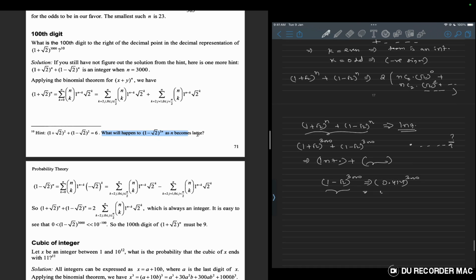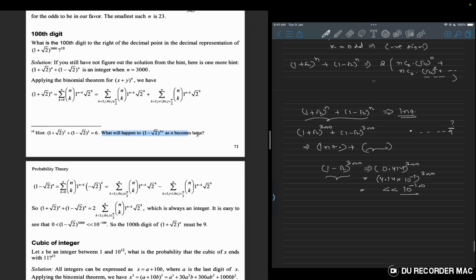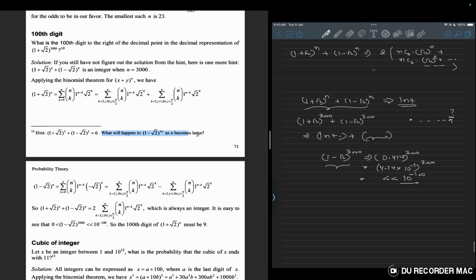If we write it as (4.14 times 10^-1)^3000, we see that there is a factor of 10^-3000, and this is clearly much less than 10^-100. So there is an integer value, and in that we are adding a value which is far less than 10^-100.